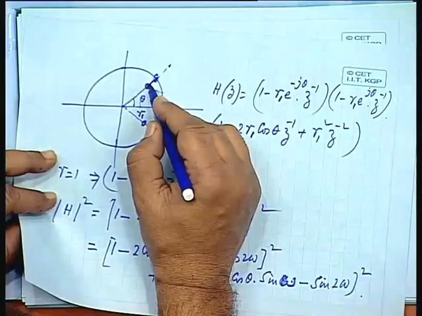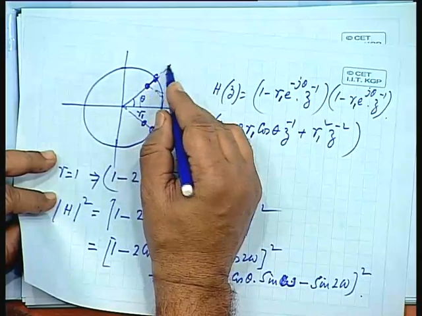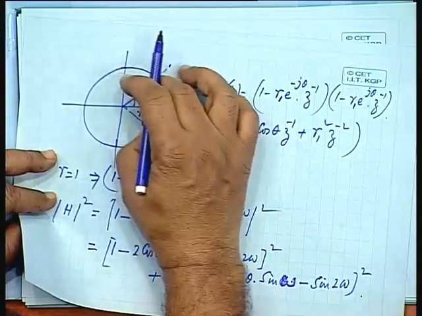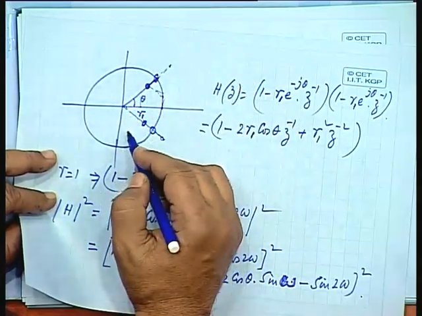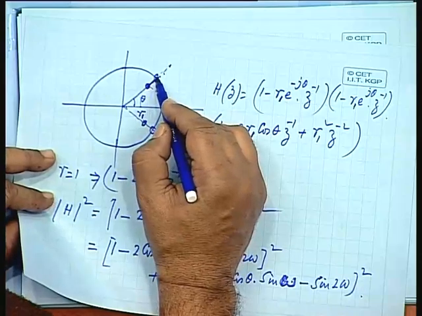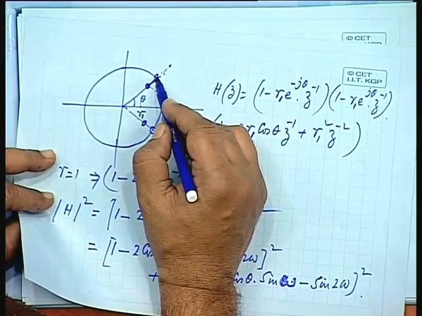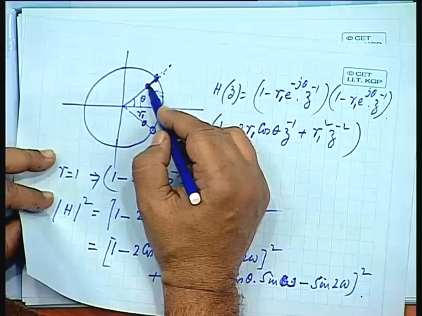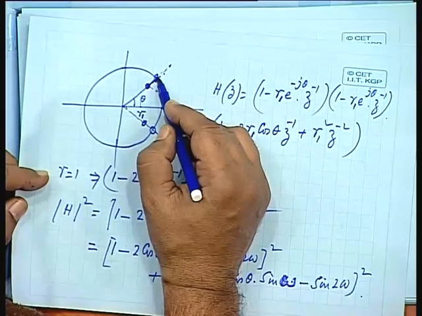So, if I now keep on shifting this pair along this line, I maintain the same theta, but I change the value of r1. If I put it on this, then it will be 0. If it is inside, it will be non-zero. Again, if it is here, it will be non-zero.